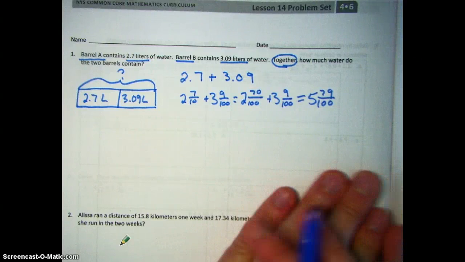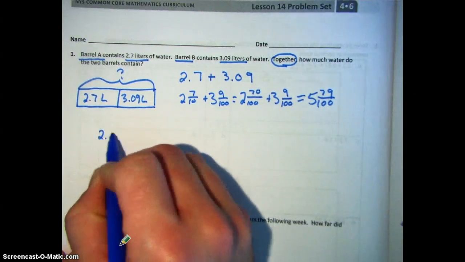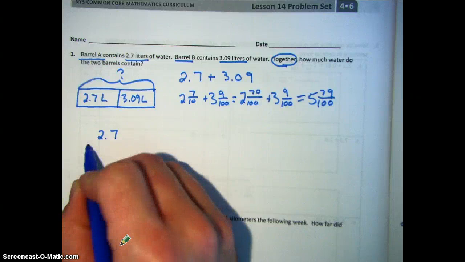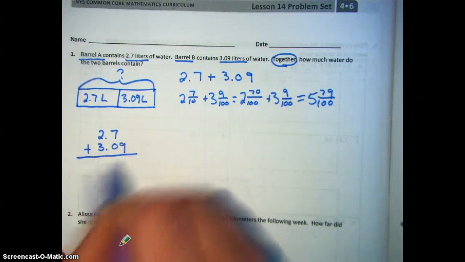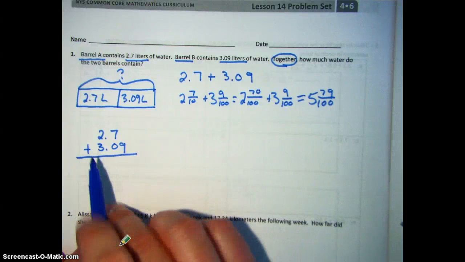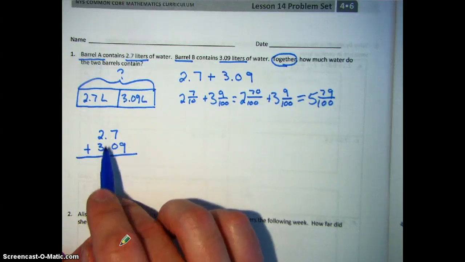Another way we could do this is to add up our decimals. So we could take 2 7/10, add that to our 3 9/100, which would look like that. Remember, the most important part when we're adding and subtracting decimals is to make sure those decimal points line up.